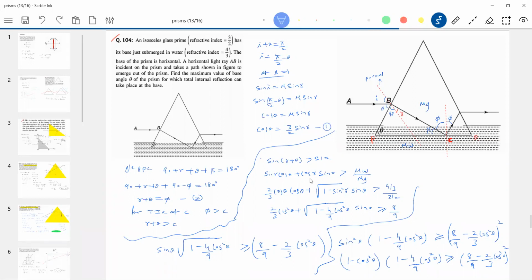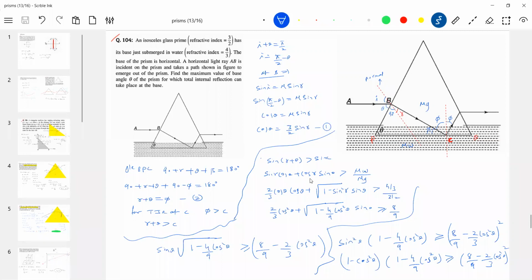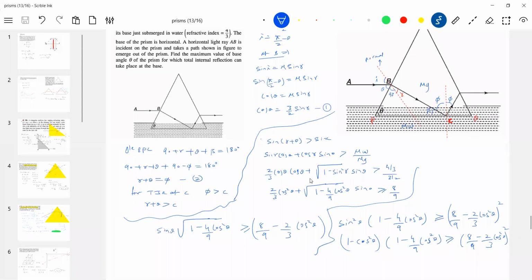Cos theta less than under root of 17 by 21. The answer is something like this. You have to check it.